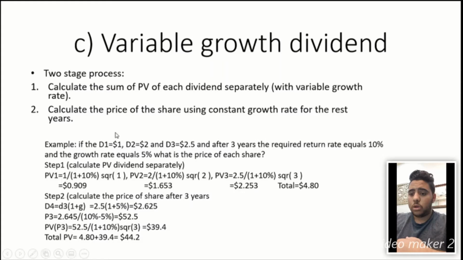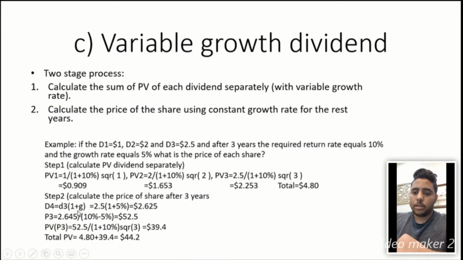In step 2, we need first to get the D4, because we are getting the price for the third year. So we get the D4 by taking the D3 that we have here, the dividend of the third year, 2.5, times 1 plus G, which is the growth rate of 5%. As we got it here, $2.625.